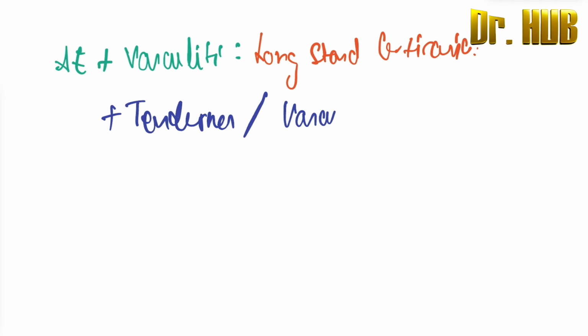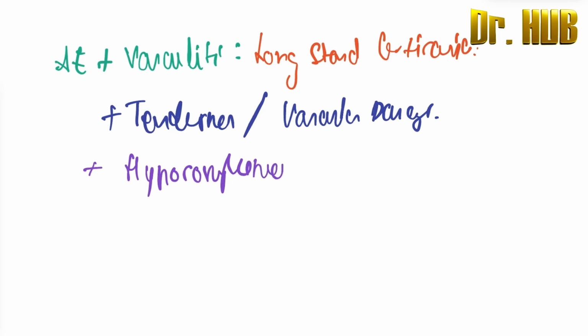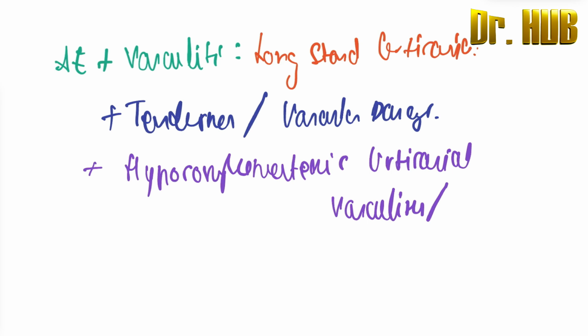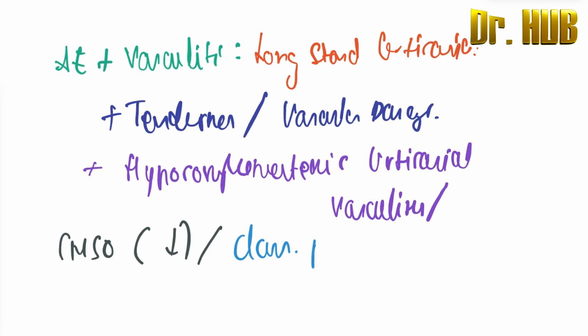There is vascular damage along with hypocomplementemic urticarial vasculitis. The CH50 is usually low, and so are the classical pathway components.